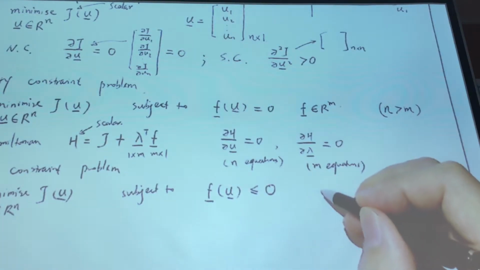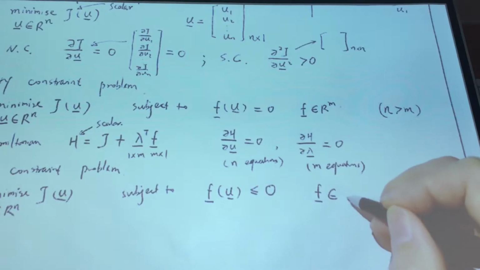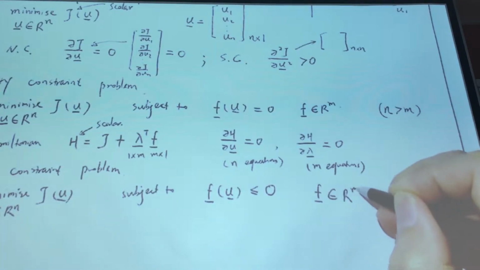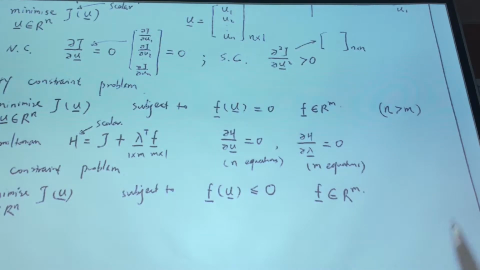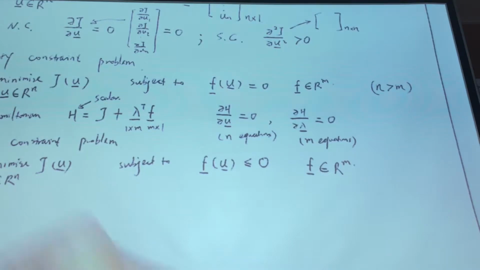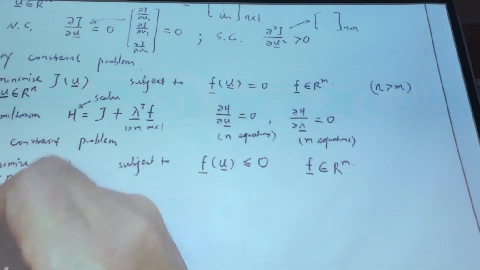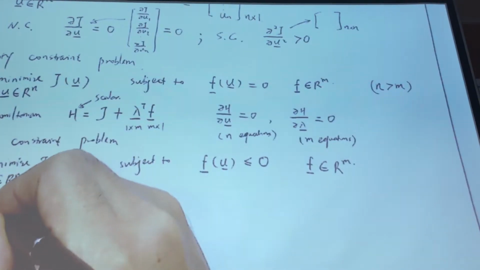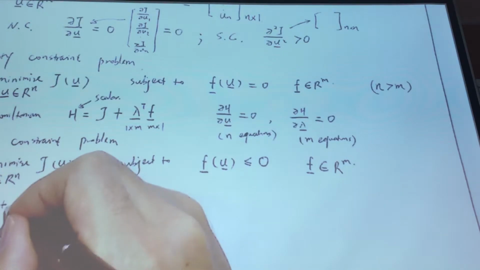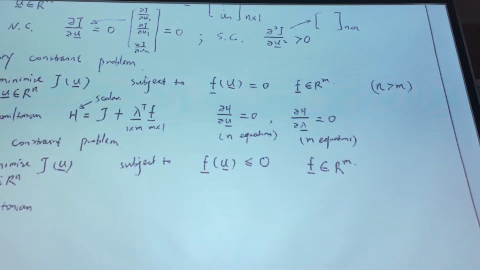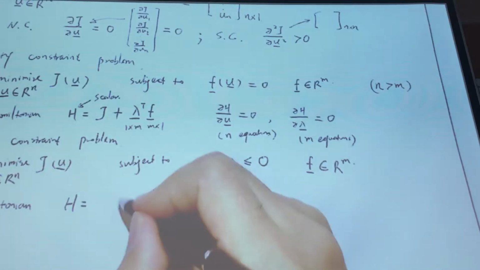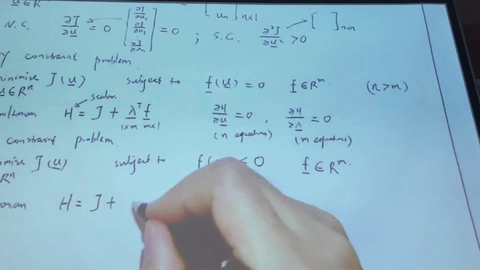In this form, we also assume there are m constraints, but we don't require n to be greater than m. We don't have additional requirements. The solution to this problem is that we also construct the Hamiltonian with the Lagrange multiplier, exactly the same as before.